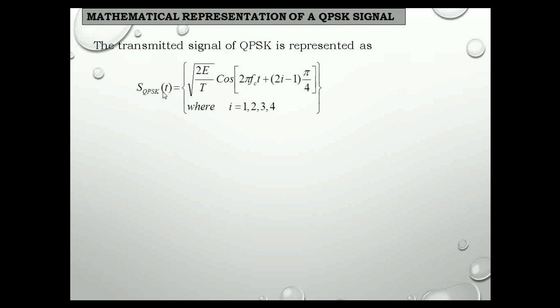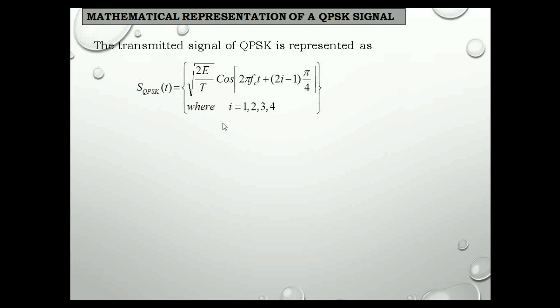Mathematically, QPSK signal can be represented as SQPSK of t equal to square root of 2E divided by T cos 2 pi fct plus (2i minus 1) times pi by 4, where i is equal to 1, 2, 3 and 4, E is equal to the symbol energy and T is equal to the symbol duration, which will be equal to 2 times TB.